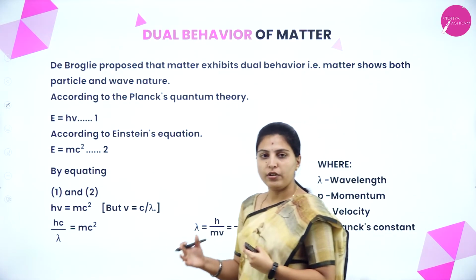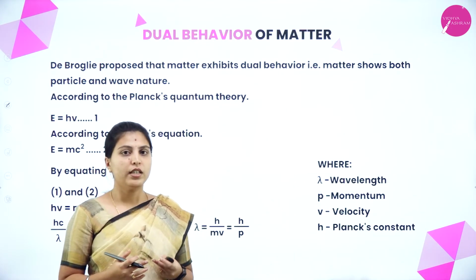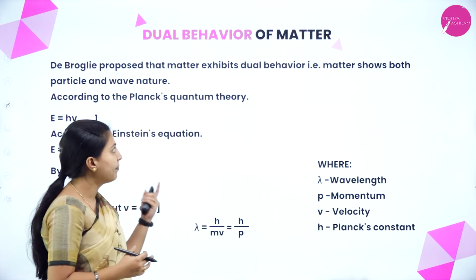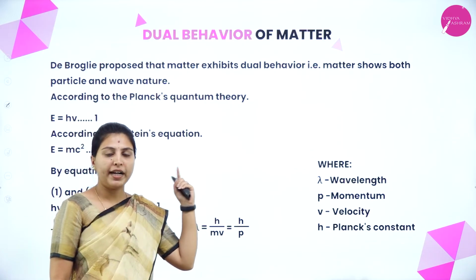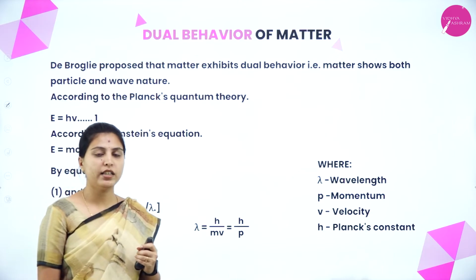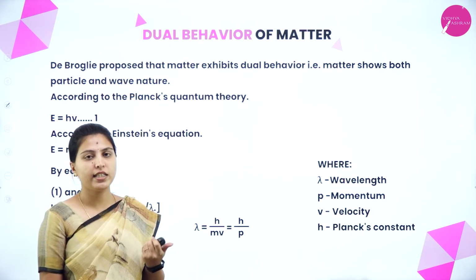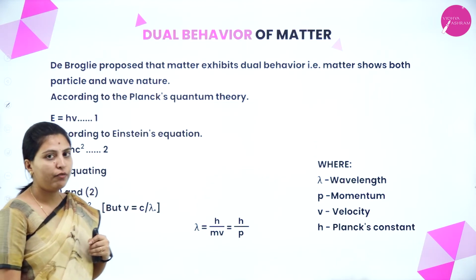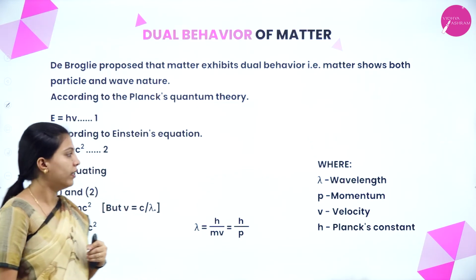After this failure of Bohr's model, some experiments using Planck's quantum theory showed that matter has dual nature. What do you mean by dual nature of matter? Matter acts as a wave and also as a particle. So, dual behavior of matter also exists here.